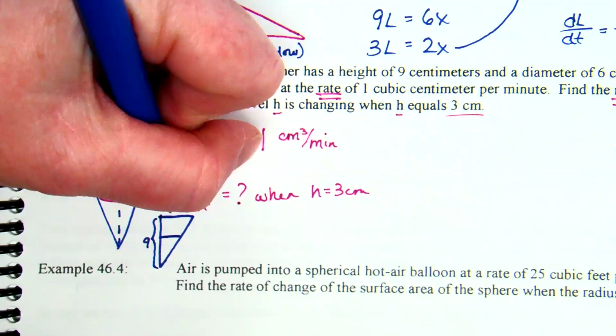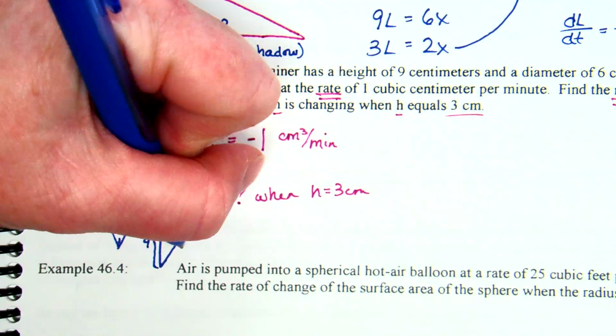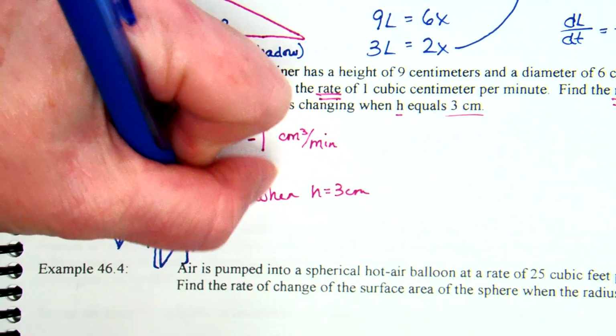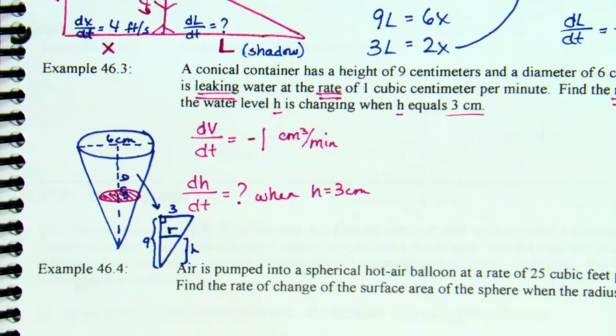Then what we don't know is what level this is at right here. So I'm just going to use r for this radius that we don't know, and h for this height right here that we don't know.